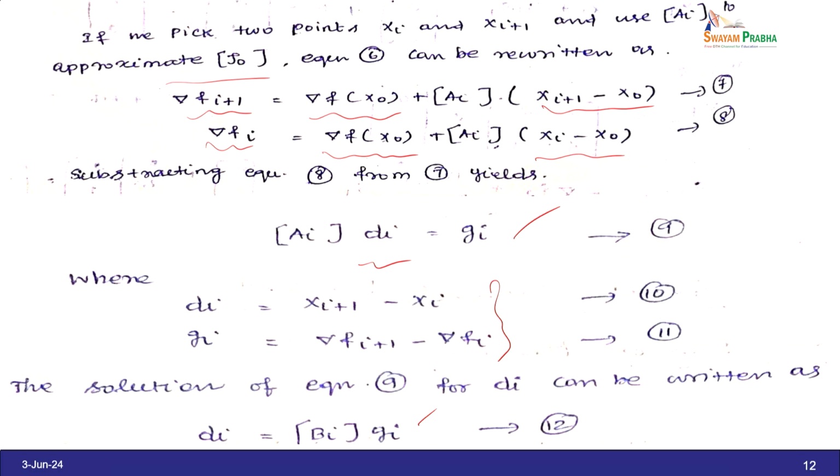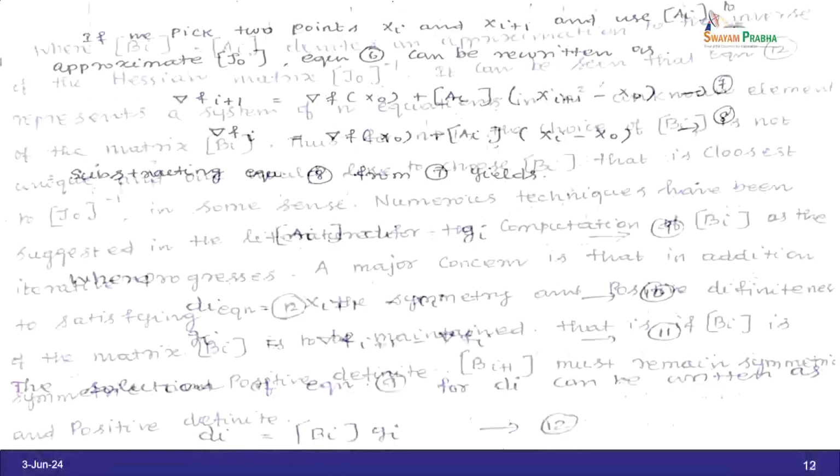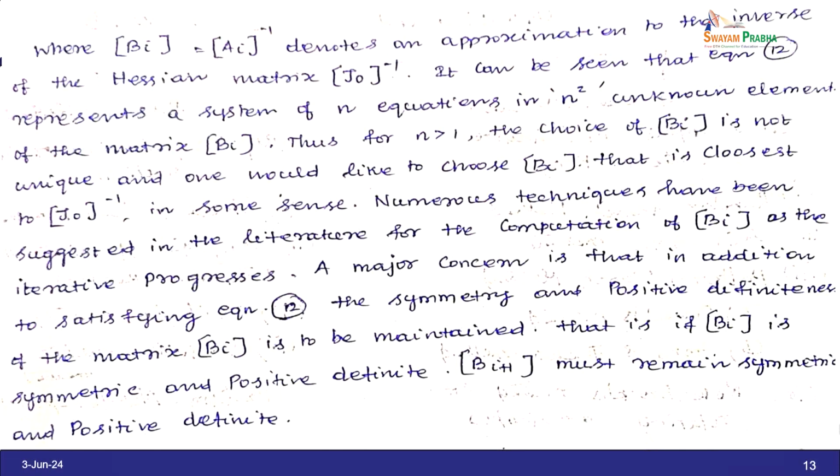So, d_i you know, g_i you know, now substitute it, you can get d_i in terms of g_i and multiply with B_i. So, B_i is A_i inverse, which denotes an approximation to the inverse of the Hessian matrix J naught inverse, and it can be seen that equation 12 represents a system of n equations with n square unknown elements of the matrix B_i.